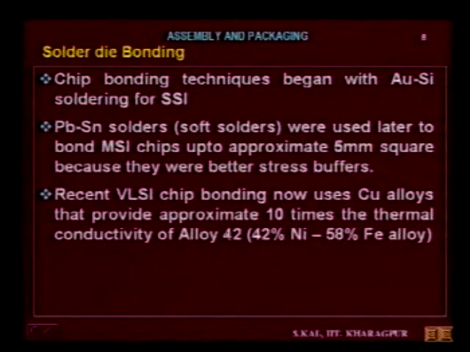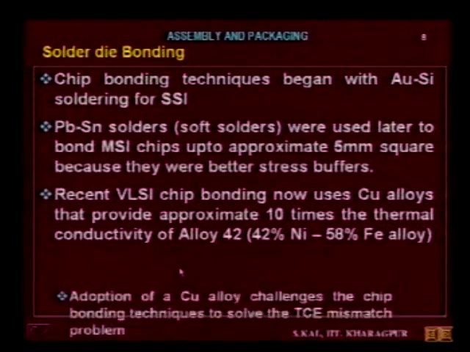Alloy 42 was used for quite a considerable time as a material for chip bonding, but later on when the copper alloy came into the market, these materials were not used as much, because copper alloys had certain advantages. It has 10 times the thermal conductivity, so that thermal stress will not generate there. That is very important. That's why present VLSI chips use copper alloys.